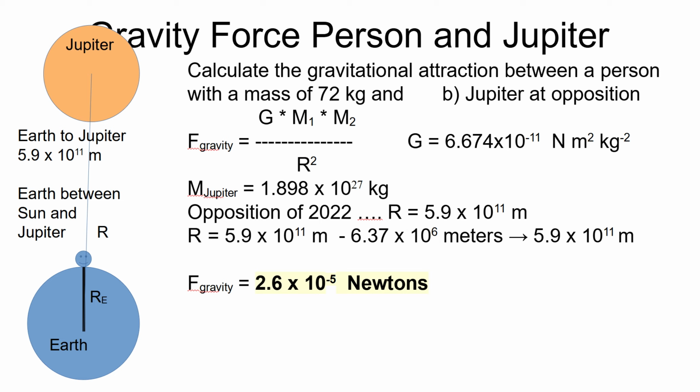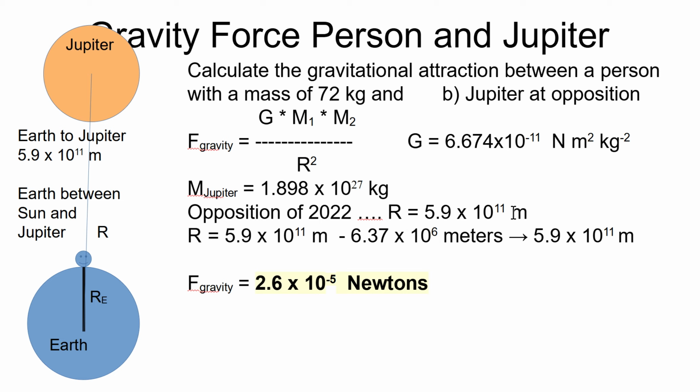What about Jupiter? Jupiter is our largest planet in the solar system, and let's do this calculation at the time of opposition. That's when Jupiter is in the opposite direction in the sky compared to the sun. The Earth is in between Jupiter and the sun. And we get mass of Jupiter here that I've looked up, and the opposition of 2022 was an especially close opposition, not dangerously close.